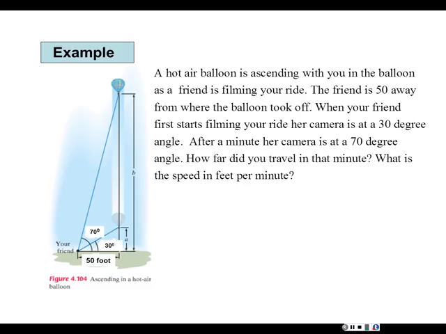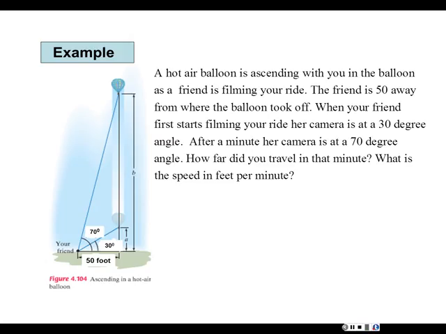And using the bigger right triangle, you will be able to find small b. Once you know small a and small b, you will be able to find b minus a, which is exactly what the question is looking for. So this is the point where filming started, you traveled for 1 minute, and after 1 minute you are at that height. The question is, how far did you travel in that minute? And the answer is b minus a.